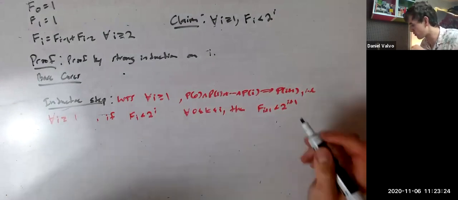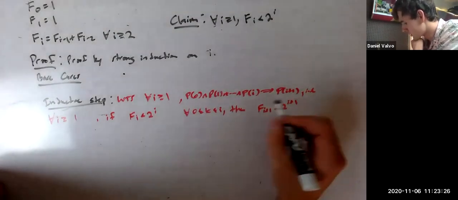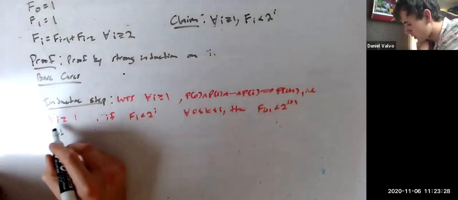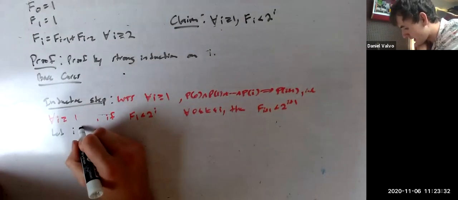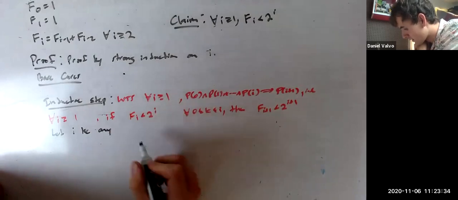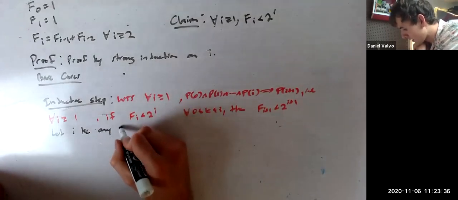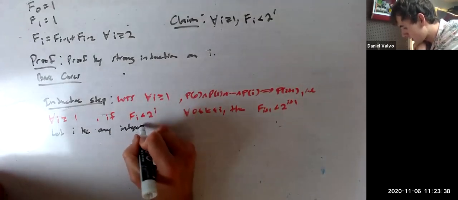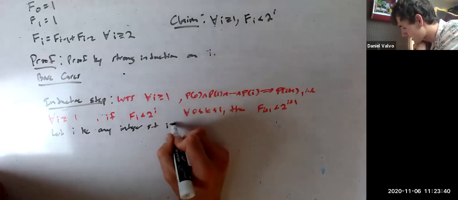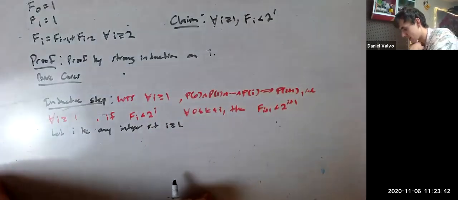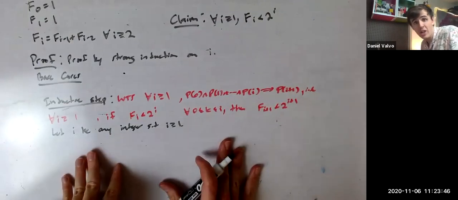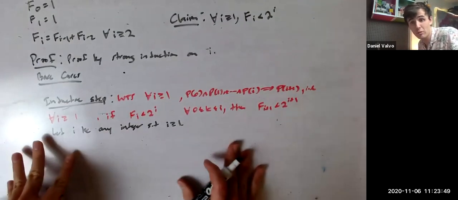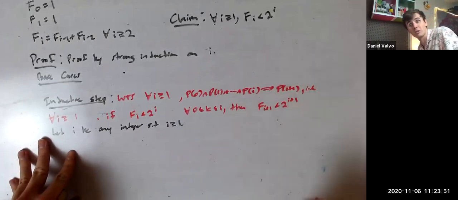So the point is, when does this hold for 1? Let's go ahead and try to get into the proof. We're proving this universal conditional statement. It's an if-then. So I'm going to say let i be any integer such that i is bigger than or equal to 1. Now the whole deal is I want to assume that the claim holds for everything up to i, and then show it also must hold for i+1.